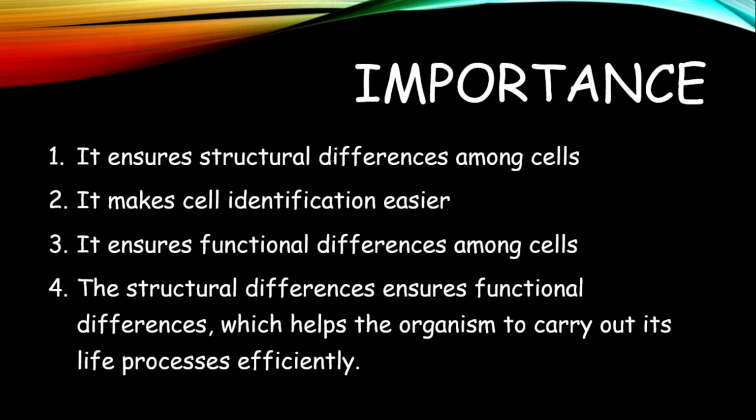Let's look at number 2. Now, it's also important that cells become specialized so that identification is easier. You really want to be able to identify your cells in order to make decisions.